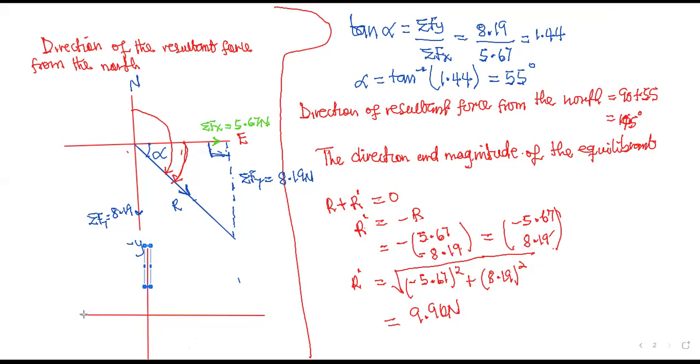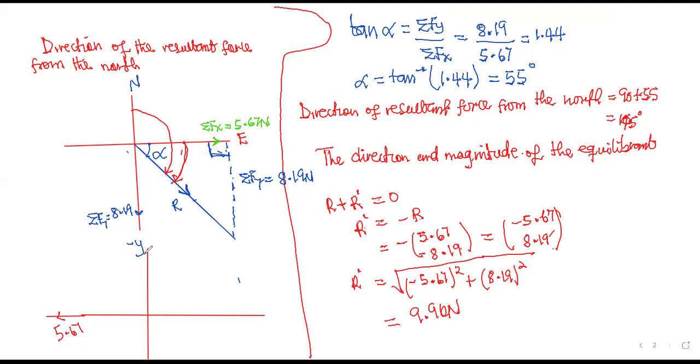So the x component will be along the negative x, which is 5.67.